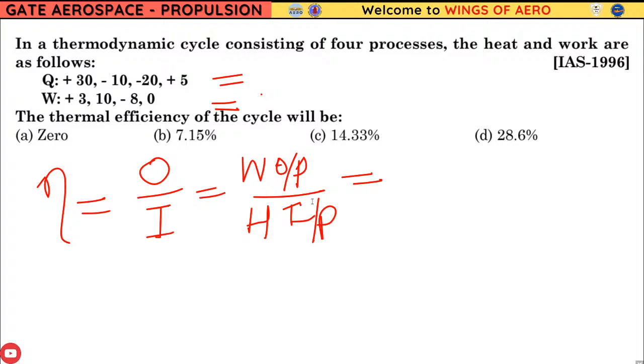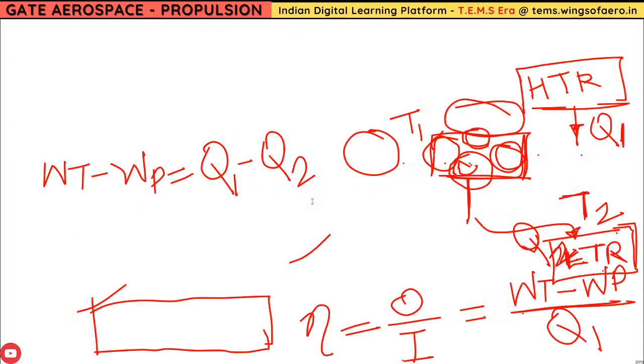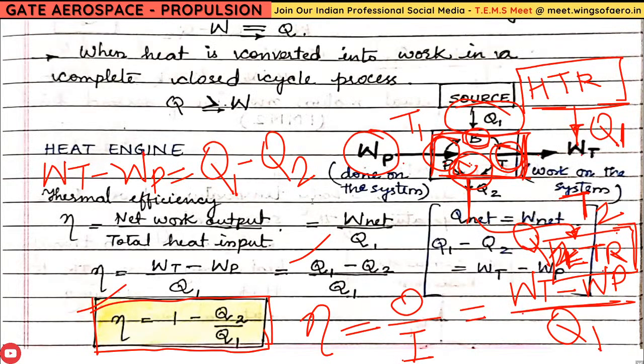Has anybody found the answer? Okay, let me take you to the previous slide. Look into the formula carefully.